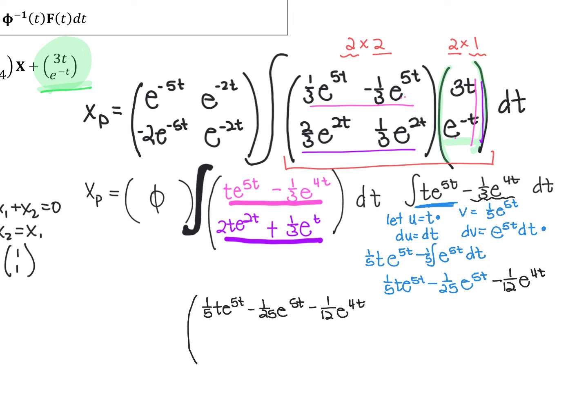Now I need to repeat the process. Can we notice a pattern and just say it's t e to the 2t minus 1/2 e to the 2t? Plus 1/3 e to the t plus c2. Oh yeah, we're seeing that. Then you can ignore the constants again.